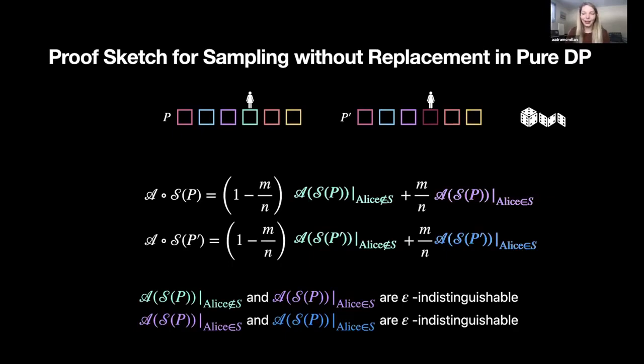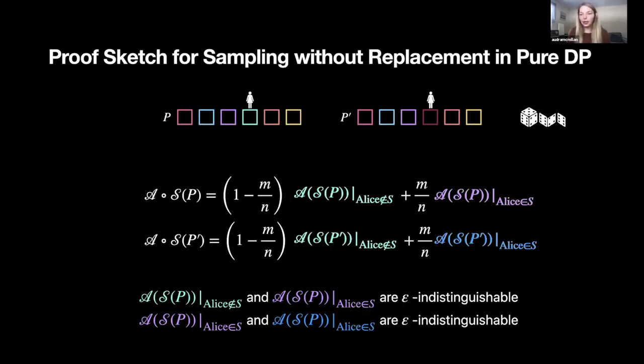All right, so now I can say a similar thing for the distribution over P when Alice is in the sample and P prime when Alice is in the sample. If I take a sample of P of size m that contains Alice, then I can turn that into a sample from P prime that contains Alice just by changing Alice's data.